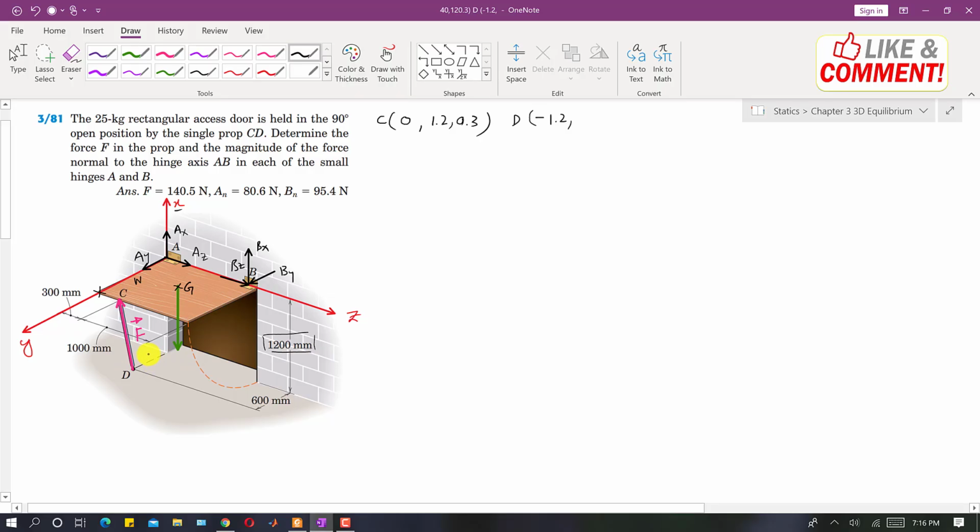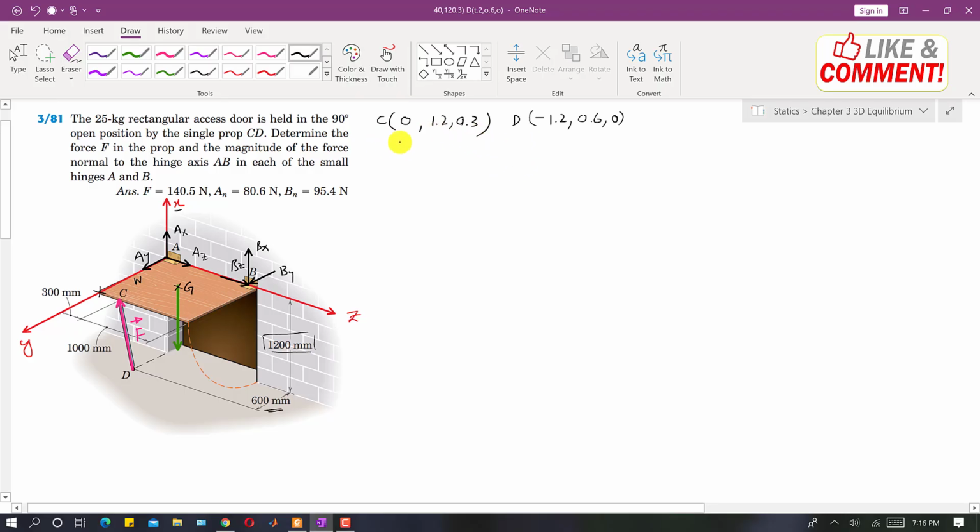This distance is 600 mm, so this is 0.6, and this distance is along Y, right? And since this point D is in the XY plane, remember, there is no need to travel along Z, right? So we have to write 0. So these are the coordinates of point D in meters.